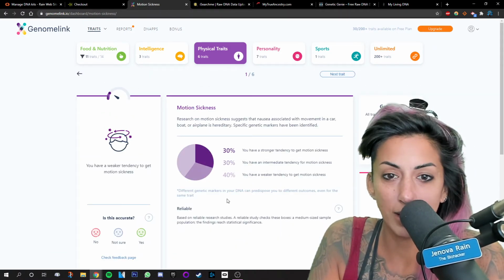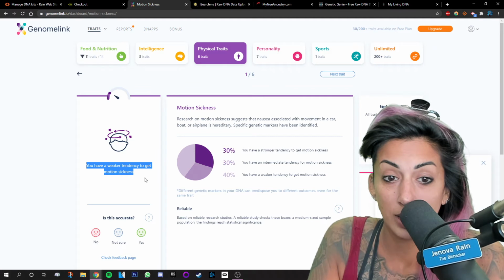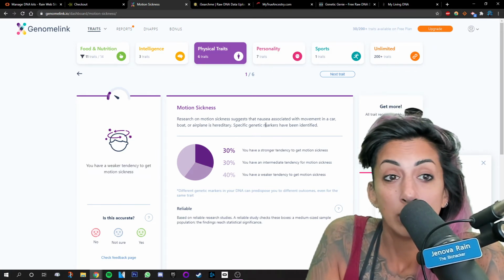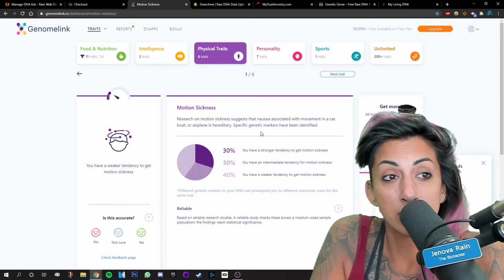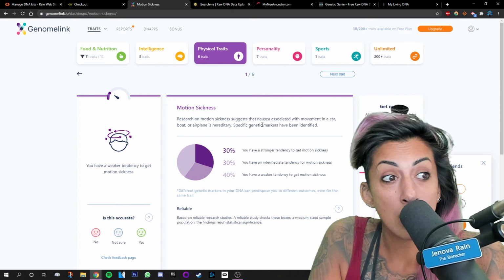You are less likely to get motion sickness. You have a weak tendency. Yep, I do not get motion sickness at all. Not in driving, not being a passenger, not on roller coaster rides, not on ferries.